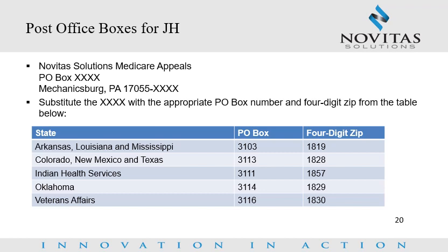For the state of Oklahoma, use P.O. Box 3114 and the extended 4-digit zip code 1829. And for Veterans Affairs, use P.O. Box 3116 and the extended 4-digit zip code 1830.